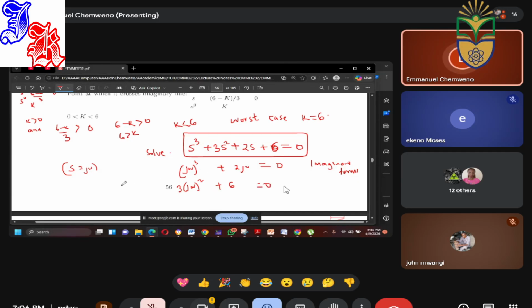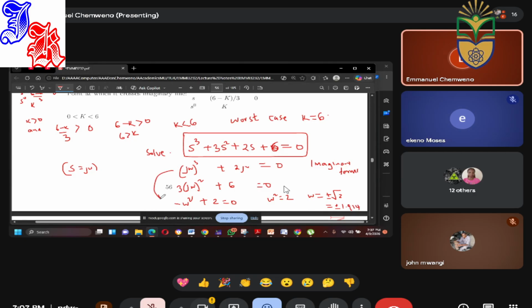This basically says minus omega squared plus 2 is equal to 0, or omega squared is equal to 2. Omega is equal to plus or minus root 2, which is plus or minus 1.414.